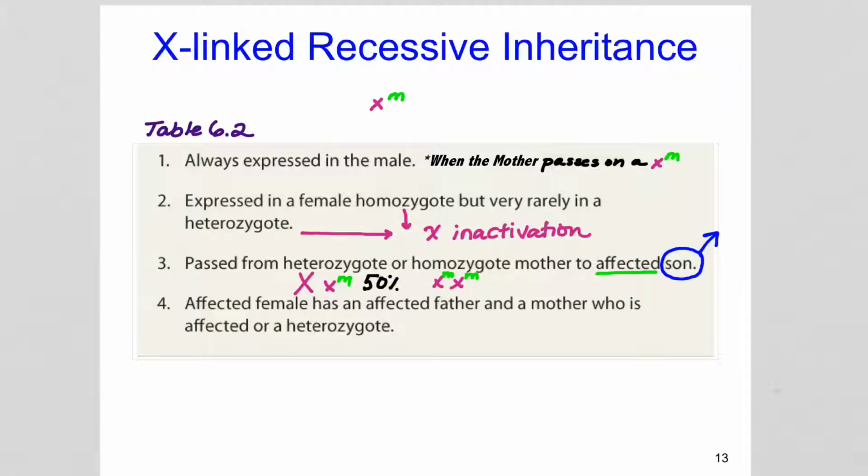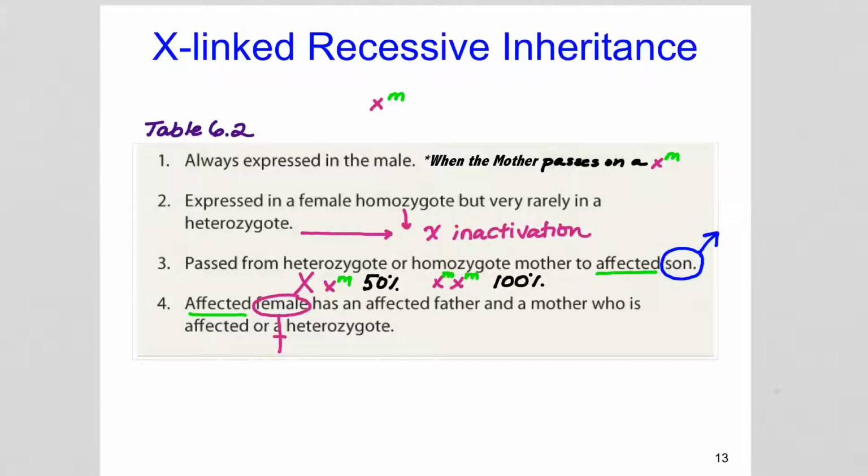And depending on the condition, if a heterozygous mother is passing that condition on to her offspring, her son, there's a 50% chance that she'll pass on that mutation on the X chromosome. On the other hand, if the mother is homozygous with regards to the condition, there's a 100% chance that she is going to have an affected son. So notice we don't deal with the father in this situation, because the father is only going to pass on his Y chromosome to his sons, not the X's.